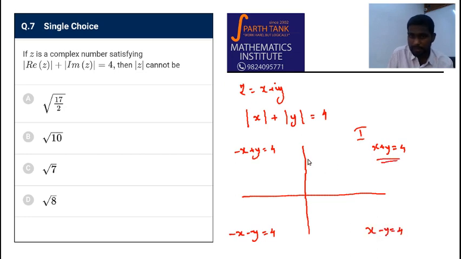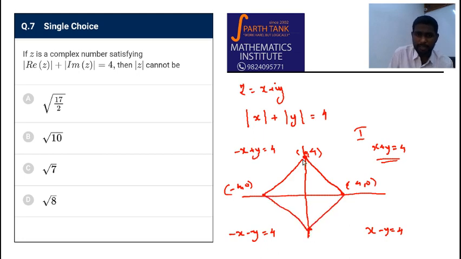This line has intercepts 4 comma 0 and 0 comma 4. This line becomes 0 comma 4 and minus 4 comma 0. The same way, if you complete it, you get this nice square. So Z lies on the boundaries of the square.